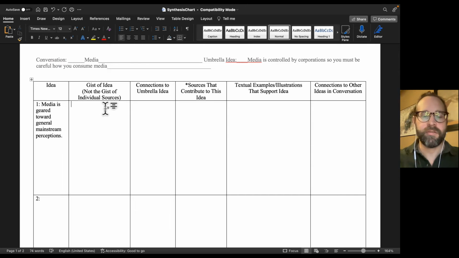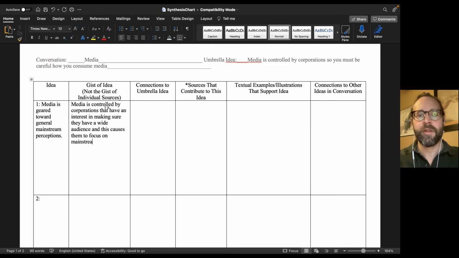So you might say something to the effect of, media is controlled by corporations that have an interest in making sure they have a wide audience, and this causes them to focus on mainstream or more popular perceptions. Okay, so that's the gist of the idea, right?